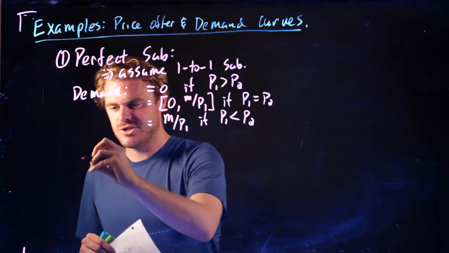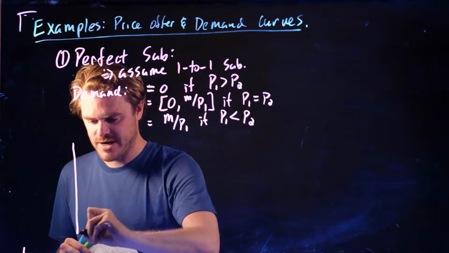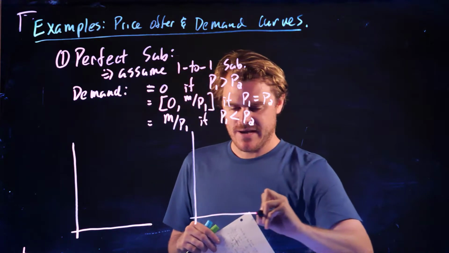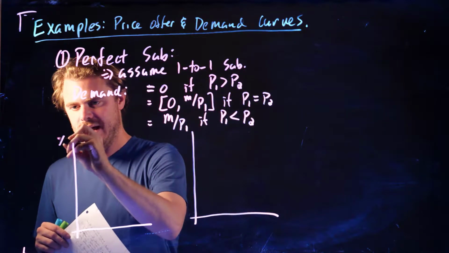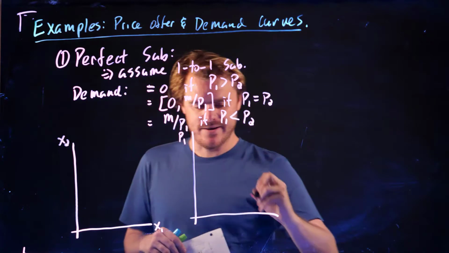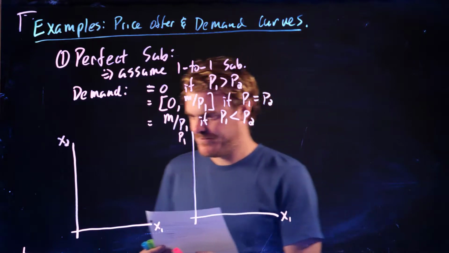All right, so let's draw our price offer curve and our demand curve. So x2 and x1, and then p1 and x1 here.